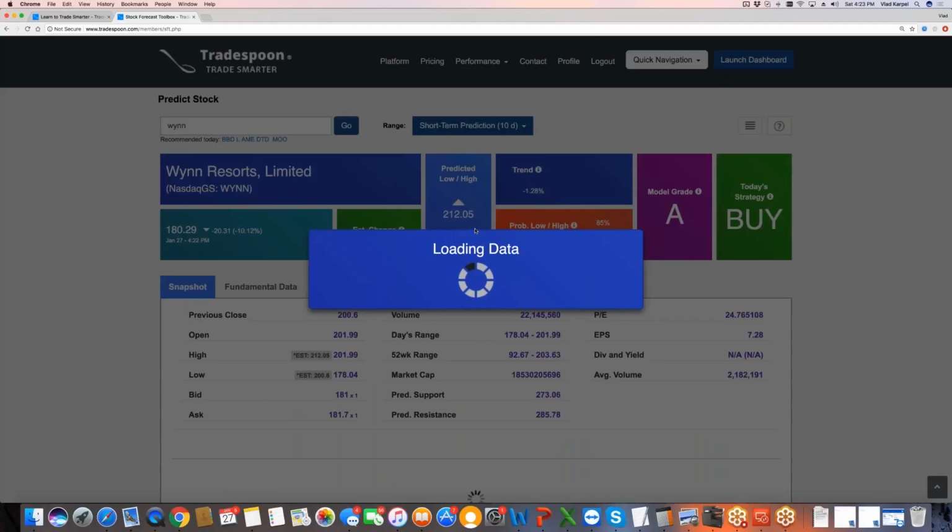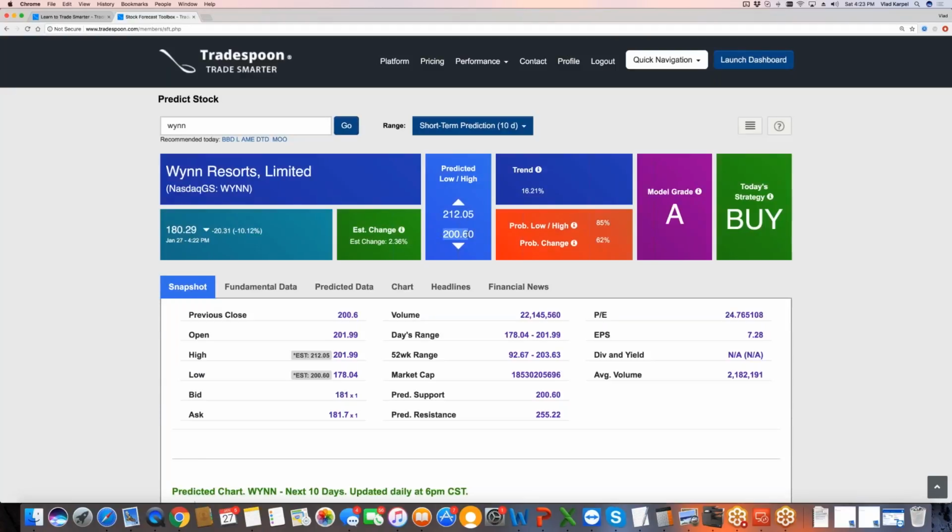We predicted that it would be 200, but it closed at 180. A lot of people would call and say, Vlad, the stock is down 10%, your model is completely wrong. Yes, it's completely wrong, because the model ran at 6 p.m. on Thursday. It did not know that the stock would sell off 10% due to this event.